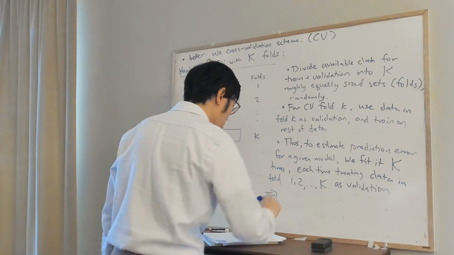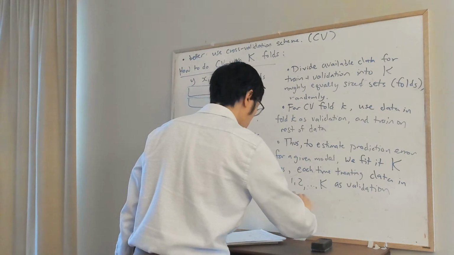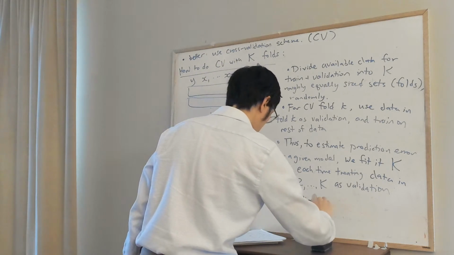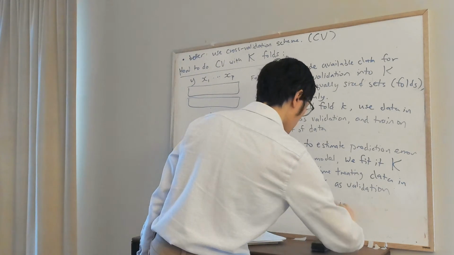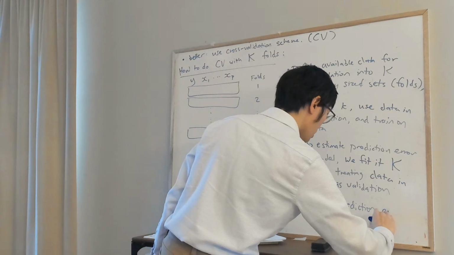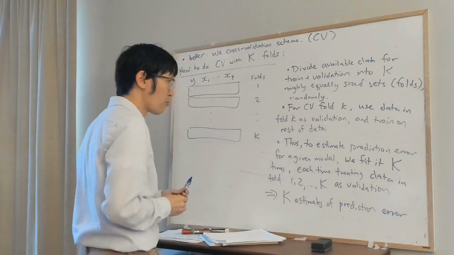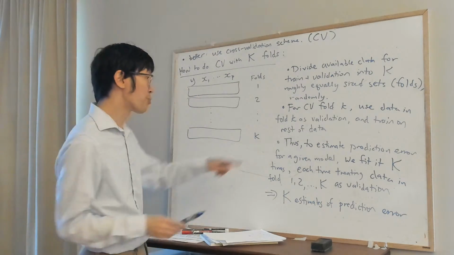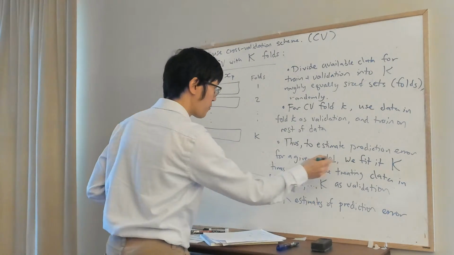That gives us capital K estimates of prediction error for that particular model.